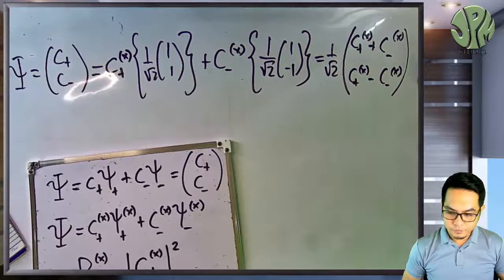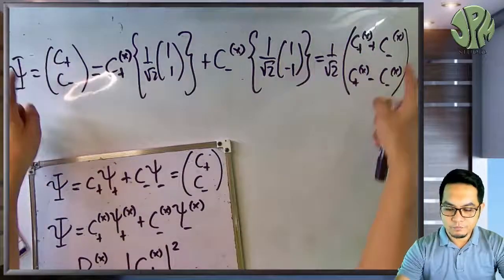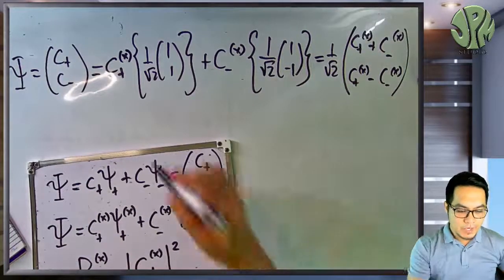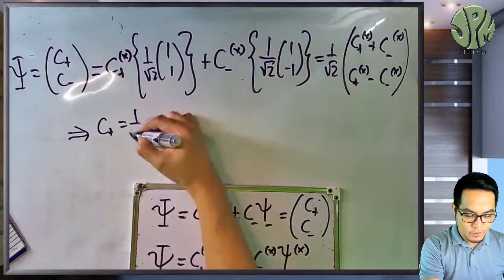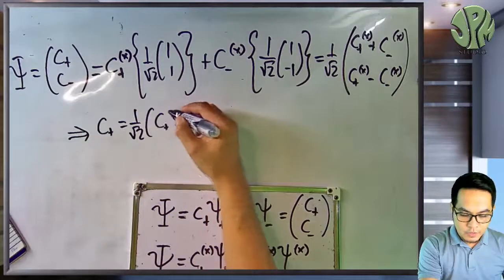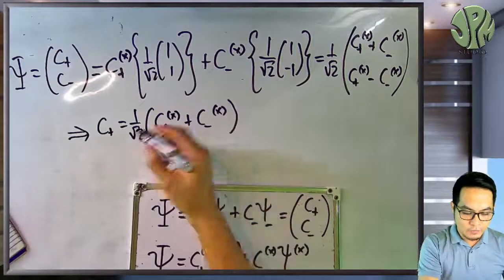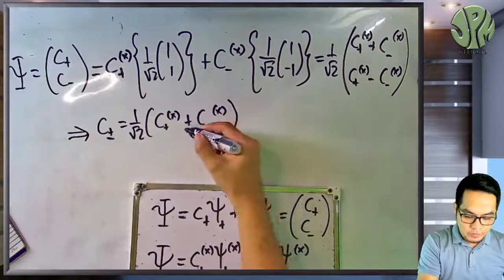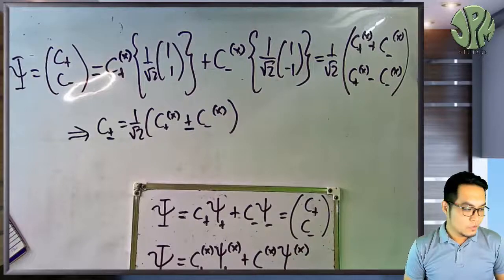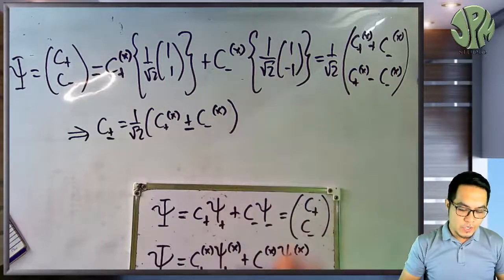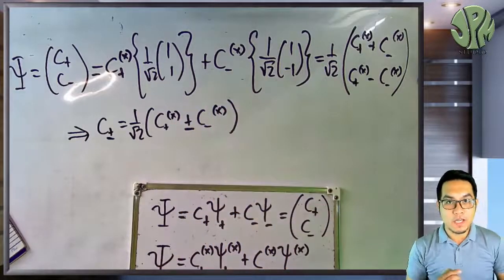So this implies C plus is equal to 1 over square root of 2 times C plus x plus C minus x, and C minus is just the same with a minus here. This is actually two equations with two unknowns, C plus x and C minus x, so this is solvable.